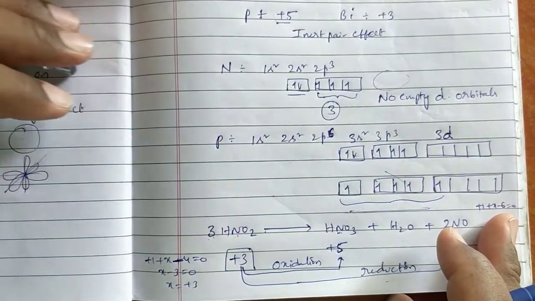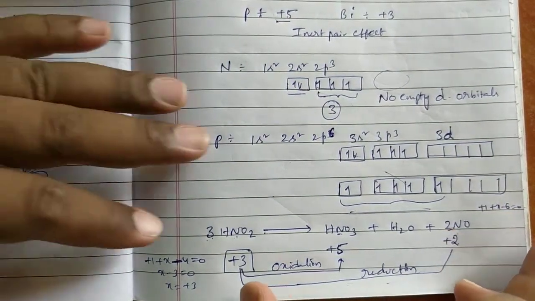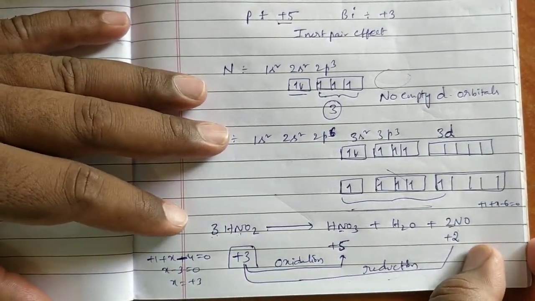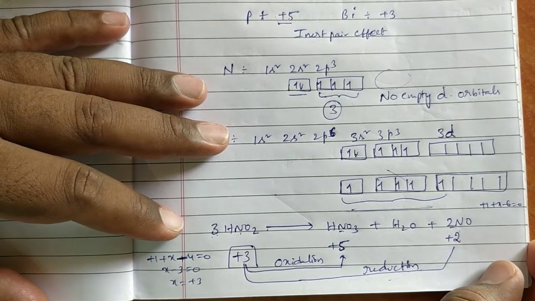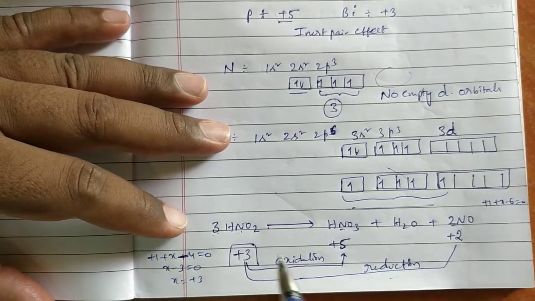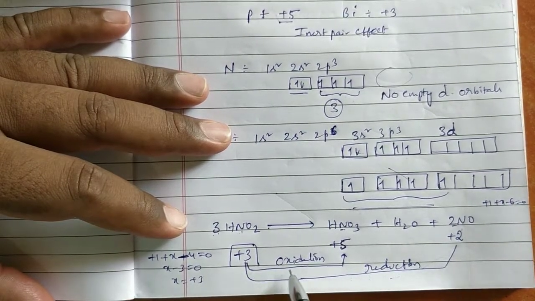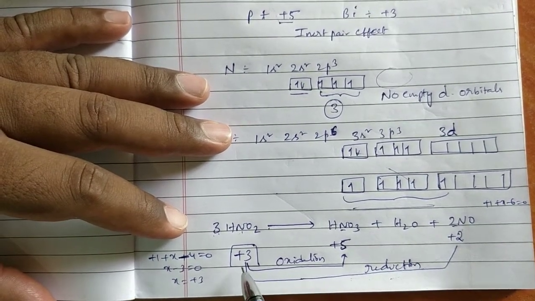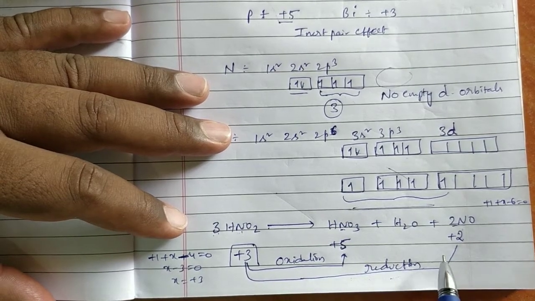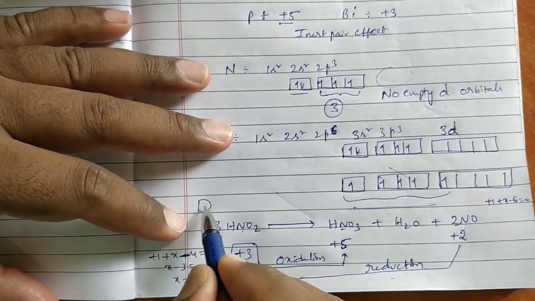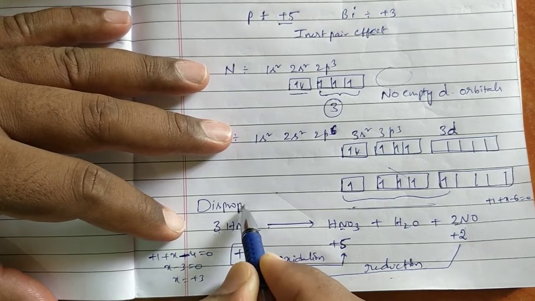Increase in oxidation number is called oxidation. Decrease in oxidation number is called reduction. So the same oxidation number undergoes an increase, that is oxidation, and a decrease, that is reduction. That is called a disproportionation reaction.